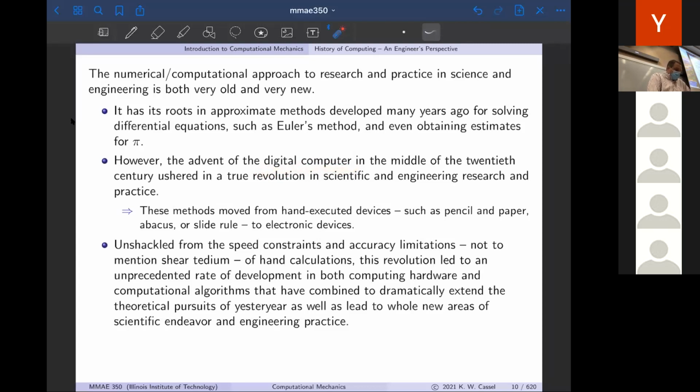So we moved from hand executed devices, which I'll talk about, to electronic devices. And of course, that's what we're still using today. The computers get faster, smaller, less expensive, but more powerful. But it all started with hand executed devices.